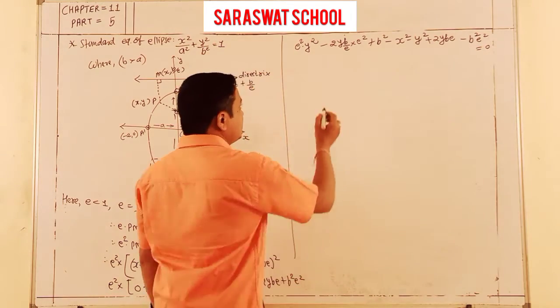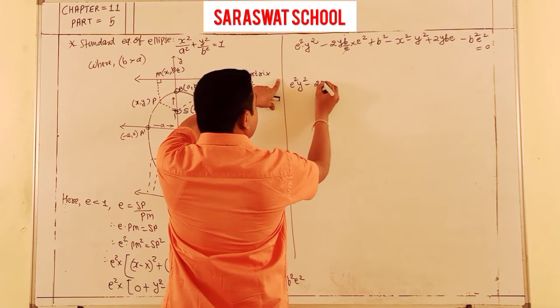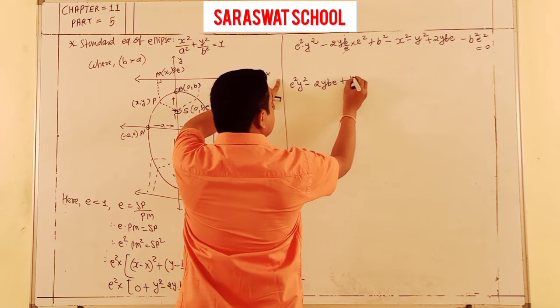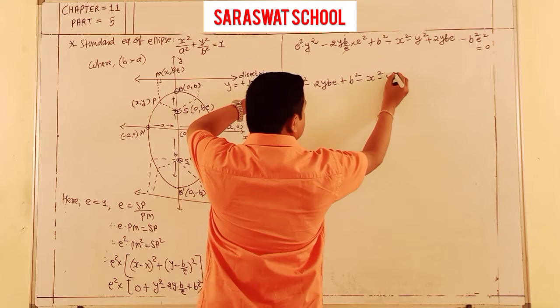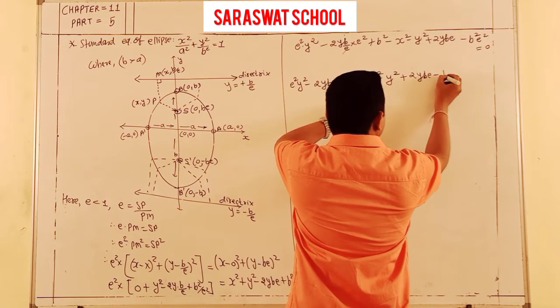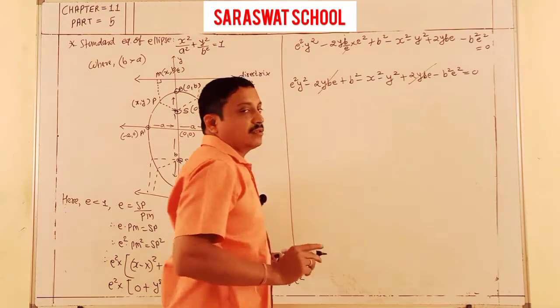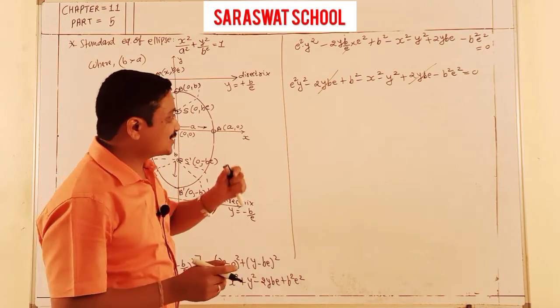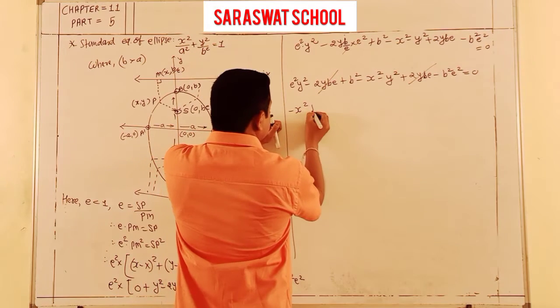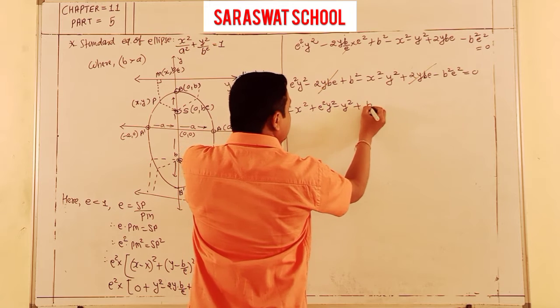Students, you check here, this e and this e cancel, only e square y square, 2yb and b square minus x square minus y square, and 2yb and b square is 0, this cancels. Now you arrange the terms. First I arrange x square, second e square y square minus y square, and the constant as it is.